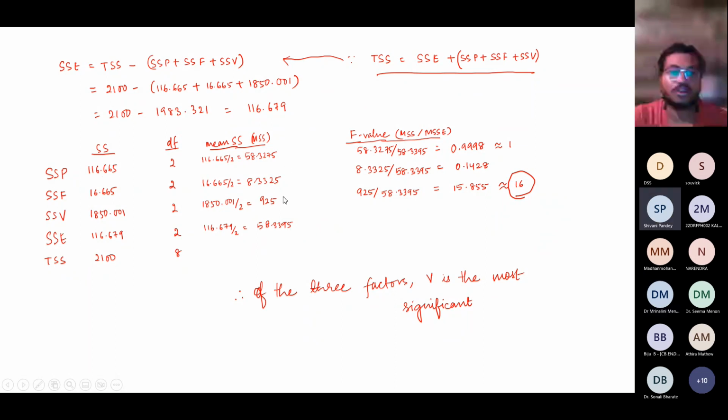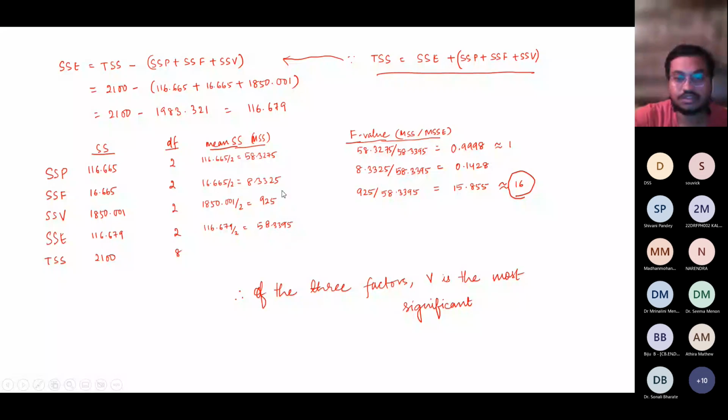So here, basically, we are trying to see the variance due to pesticide, the variance due to fertilizer, and the variance due to variety. And then we have a variance due to error or random effects. We are trying to see if the variance of the pesticide, fertilizer, or variety is larger compared to the variance due to error, like random effects.